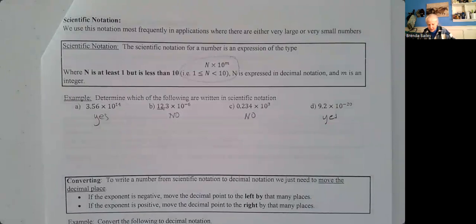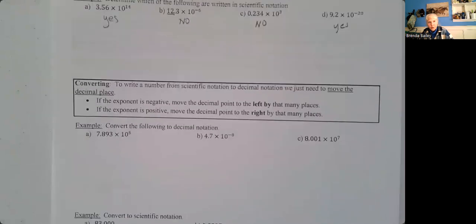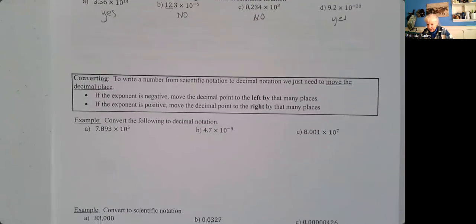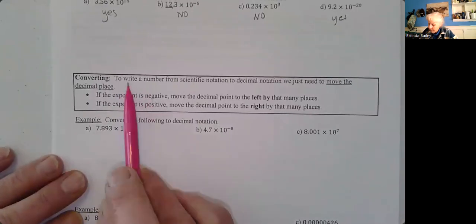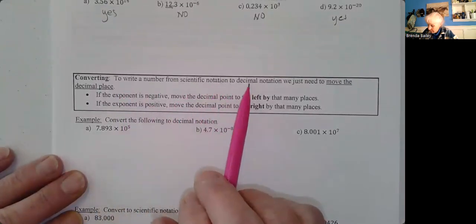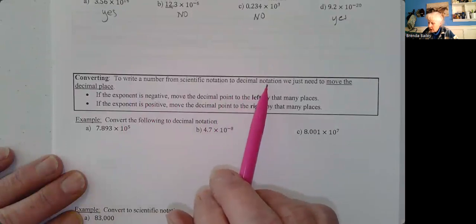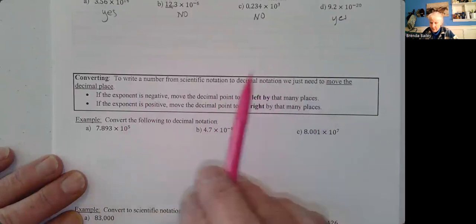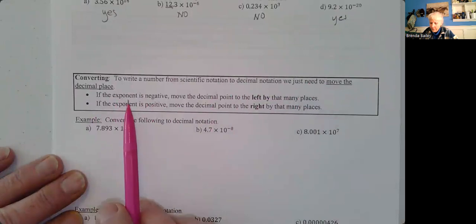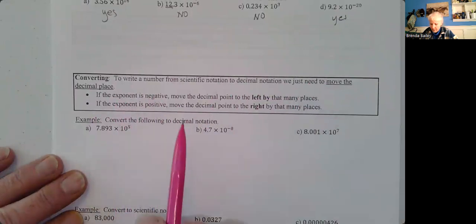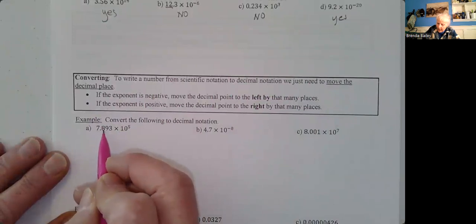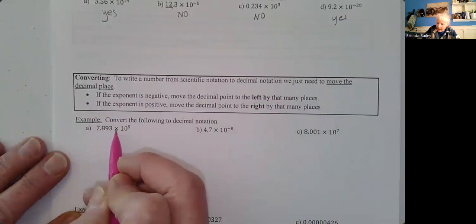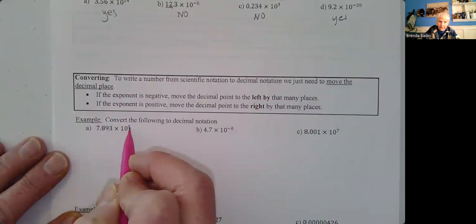All right. So let's look at converting from one form to the other using scientific notation. To write a number from scientific notation in decimal notation, we just need to move the decimal place. So to go from one form to another, we're moving the decimal place. What we have is 4.893 times 10 to the 5th.